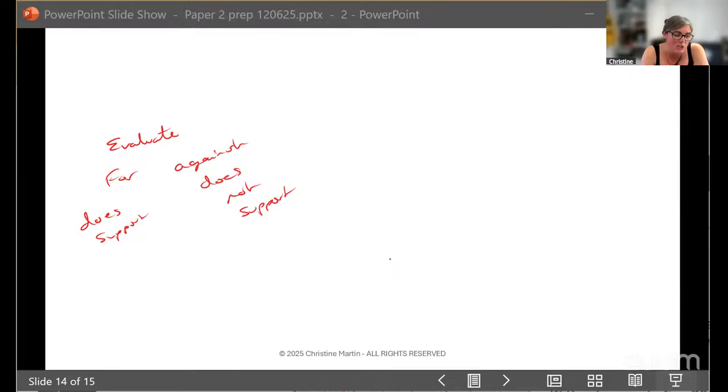So the one thing I would say to you is any evaluate question, always do things like this. Look at what's their independent variable, what's their dependent variable, what are their control variables if it's an investigation.